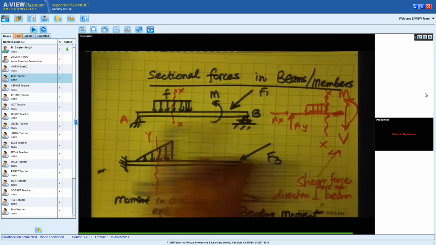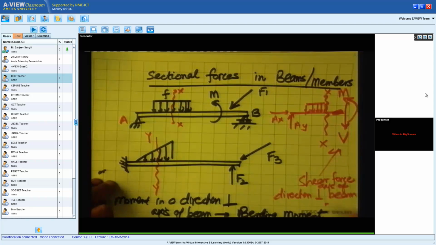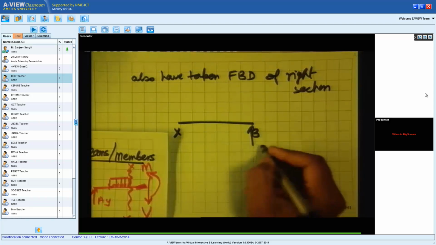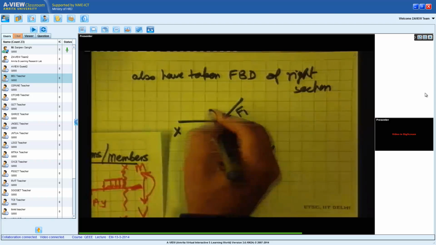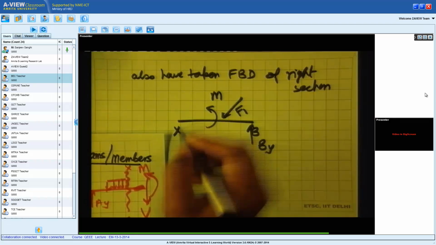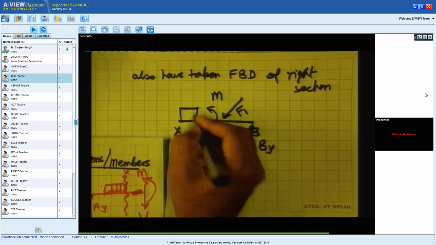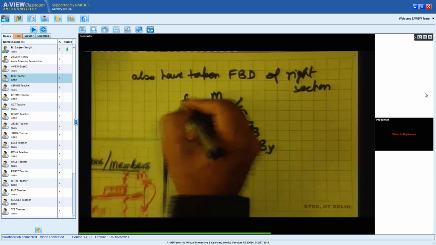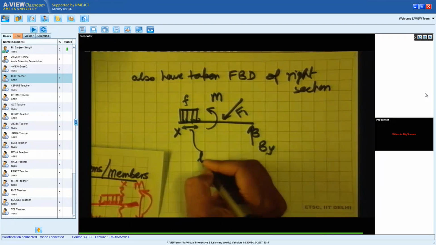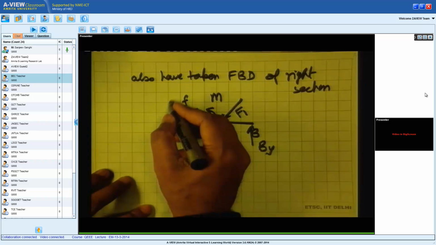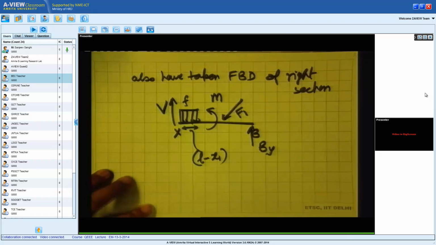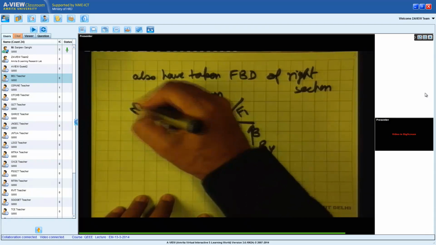When I draw the free body diagram of this cut section, I will get a By, I will get F1, I will get this moment M, and I will get this force F which is acting for a length of L minus small x1. Now in this, I will show shear force V in the opposite direction and I will show the moment M as clockwise.